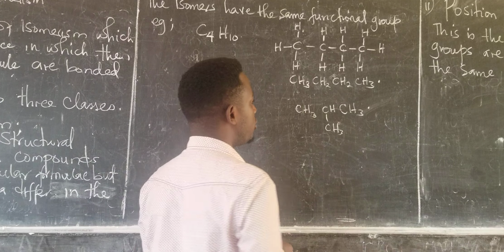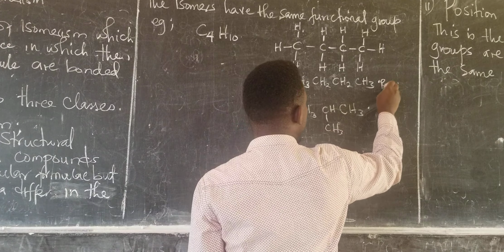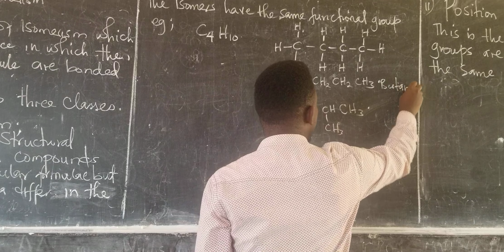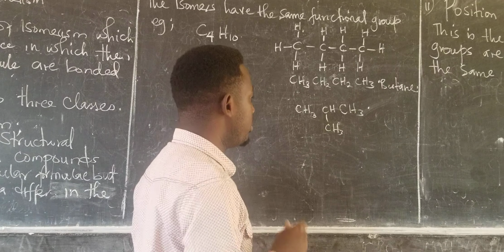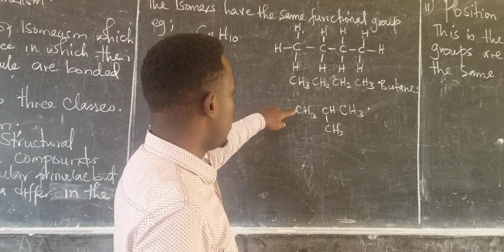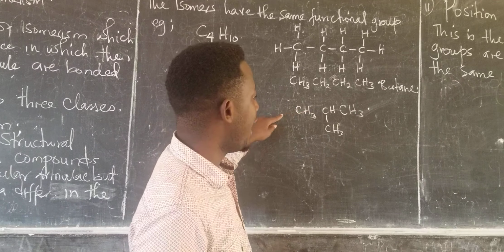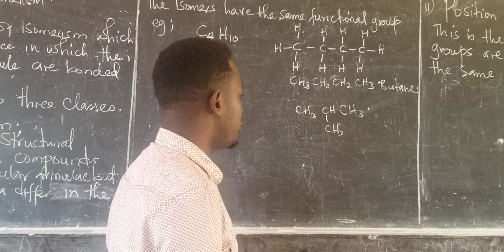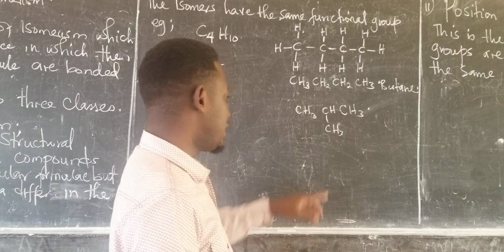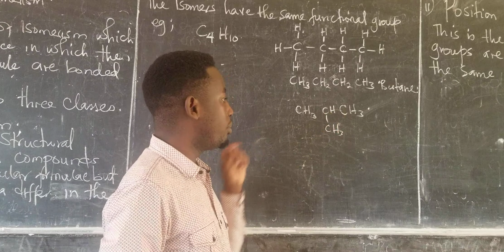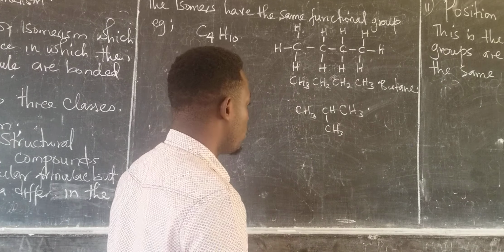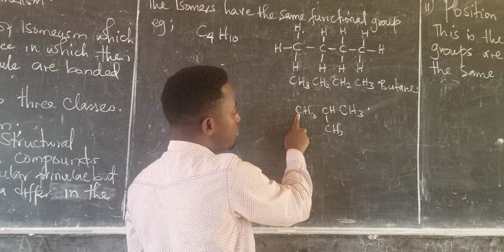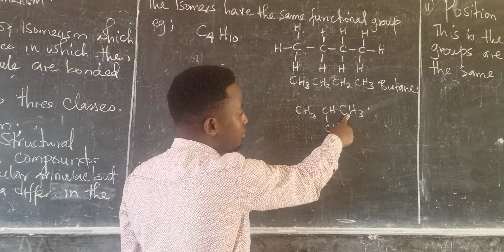Even if we want to name this one, we'll just call it butane. However, this one cannot be butane. When you look at the longest chain, it has three carbon atoms. That means it is a propane, but it has a branch, and this branch is a methyl group. It is on carbon number 2 whether you count from this side or from this side.